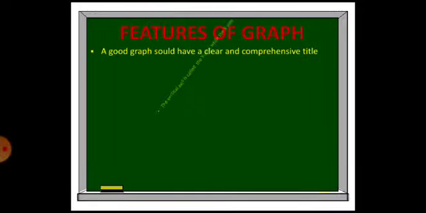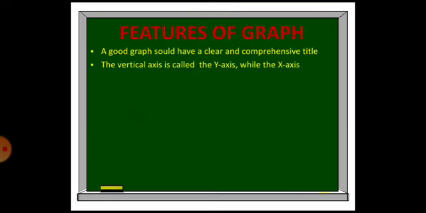One of the features of a good graph is that it should have a clear and comprehensive title. Like I have said earlier, you describe the purpose of the graph. Is it telling us of the test scores of selected students in a particular school?